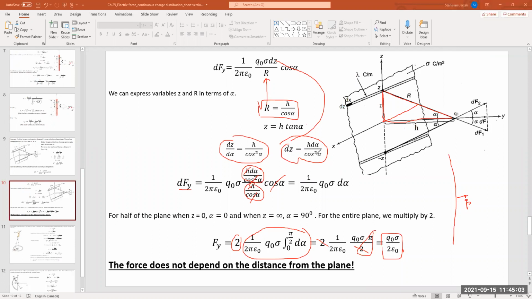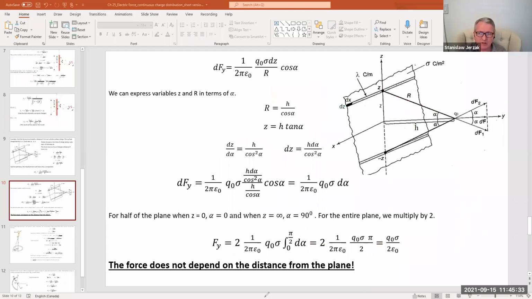Sir, E-class, I think, is down for some people. I had some difficulty signing on to E-class. Could you post these slides in the chat so we can follow through? Not really. I think that all students registered in the course will have access to E-class. If it is down, then it should be down for all students. So I am not sure about that chat thing.